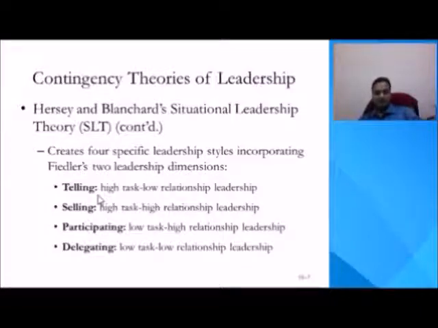The researchers Hersey and Blanchard have identified four leadership styles. One is telling. Telling is high task, low relationship leadership, very focused on the task. Selling is high task, high relationship leadership. Participating is low task, high relationship, and delegating is low task, low relationship.